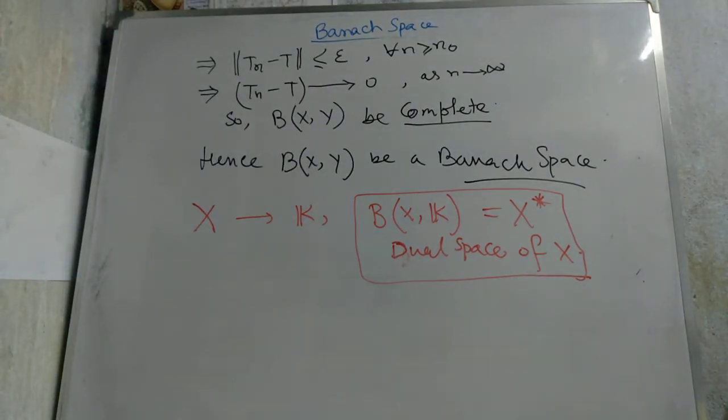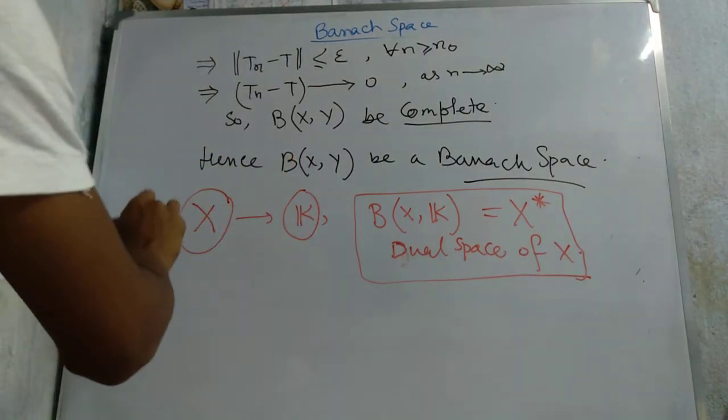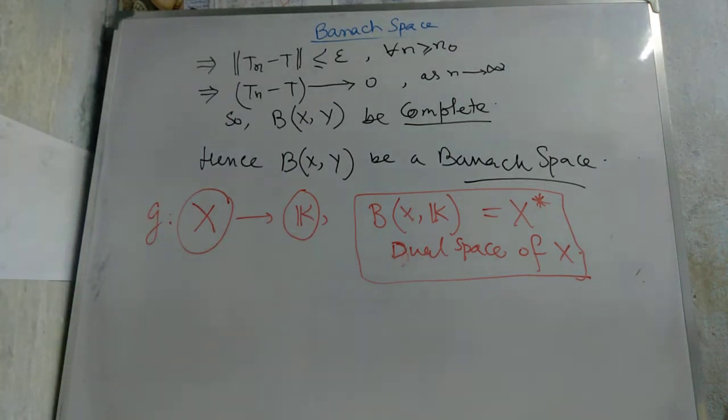Any map from X to K belonging to B(X,K), such a g, is called the dual space of X.